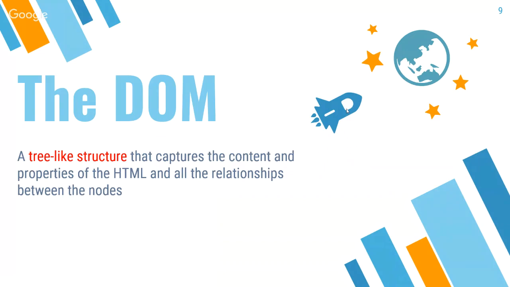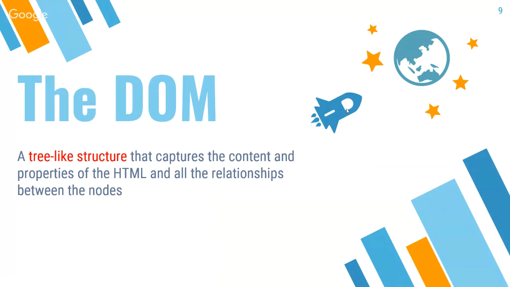Remember that in the beginning I said that pretty much everything is an object in JavaScript, and that includes all the HTML elements. So if an HTML element is an object, like all other JavaScript objects, it has properties and methods. And in this definition, we can see that the DOM is like a tree-like structure that captures the content and the properties of the HTML.